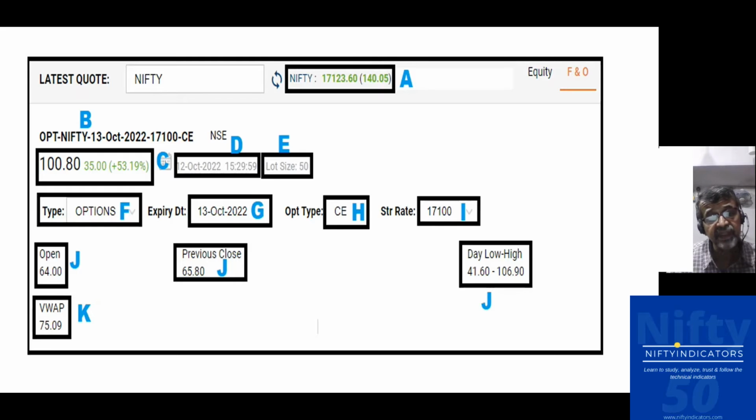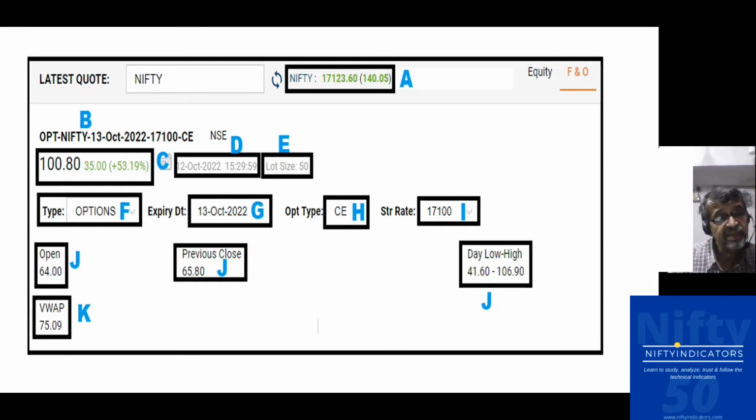A is the spot price of the Nifty, of course normally underlying, in this particular case Nifty. B is giving the detail of the option, that is, this is option Nifty, expiry date 13th October 2022, strike price 17,100, call. C stands for call.